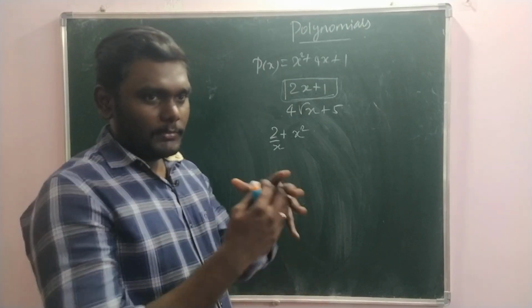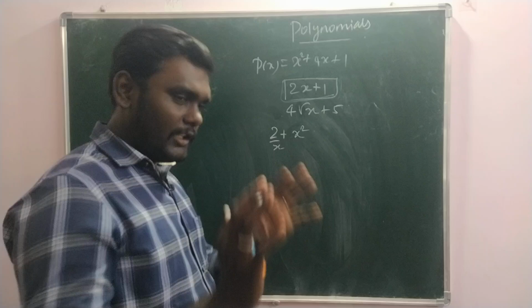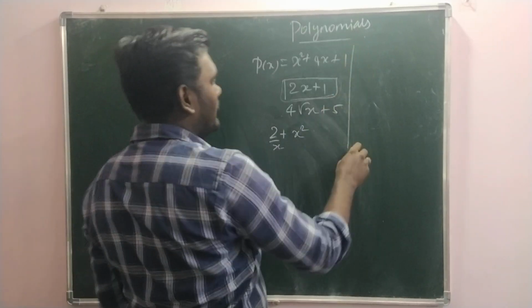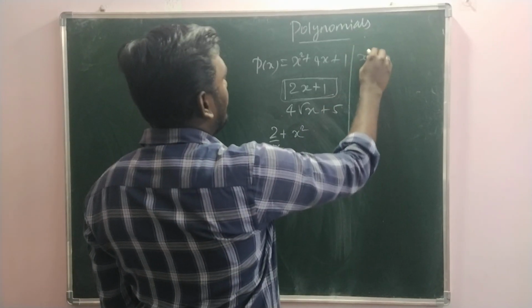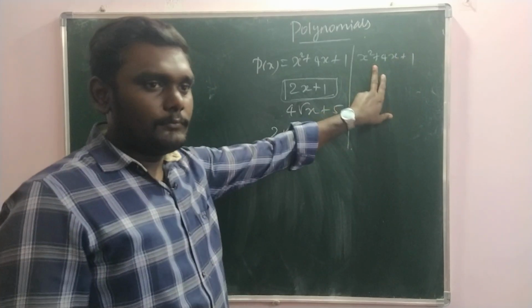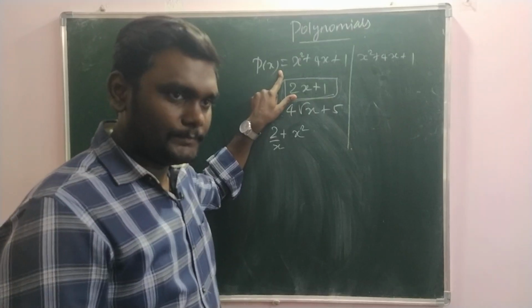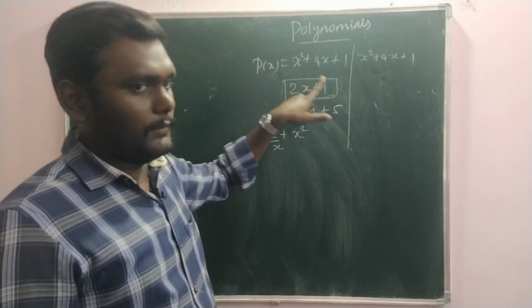Okay. The difference between algebraic expression, polynomial and equation. It's very small, very easy. See, look at this. When you say x square plus 4x plus 1, it is called algebraic expression. This is polynomial in x. We name it p of x is equal to.